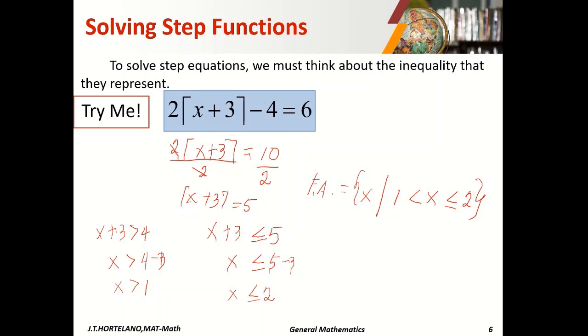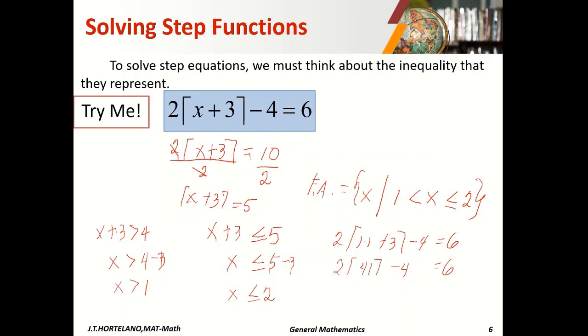Okay, now you can always check your answer. So think of a number na greater than 1, let's say 1.1. So try natin, so this will become 2 times ceiling of 1.1 plus 3 minus 4 is equal to 6. So this is 2 times ceiling of 4.1.